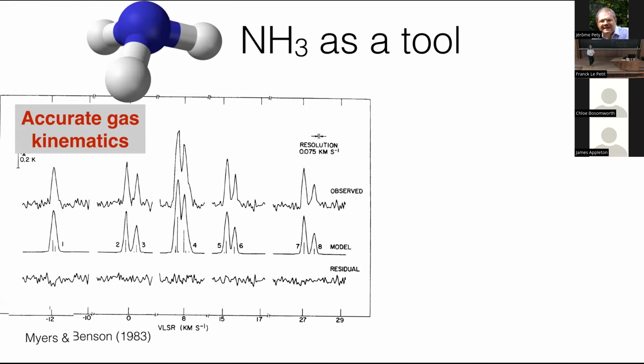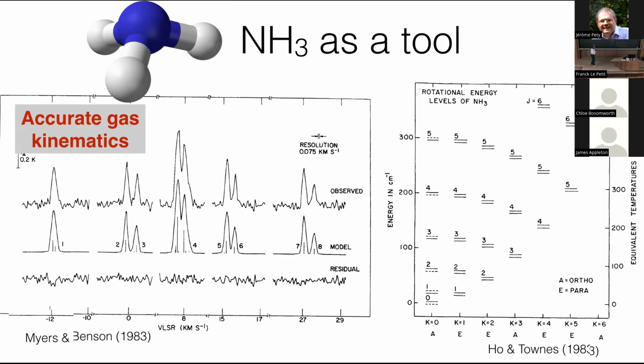And then the other advantage of using ammonia is that if you do an energy diagram, you can see that for different levels of the K ladder, they basically all have a metastable level at the bottom.